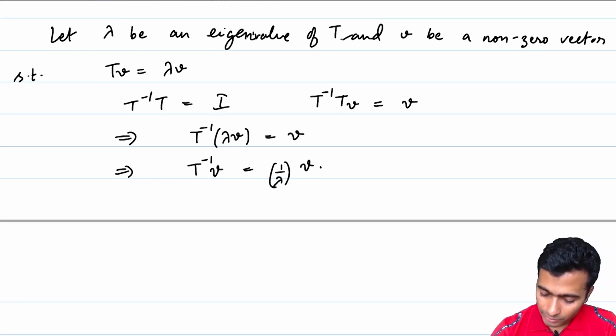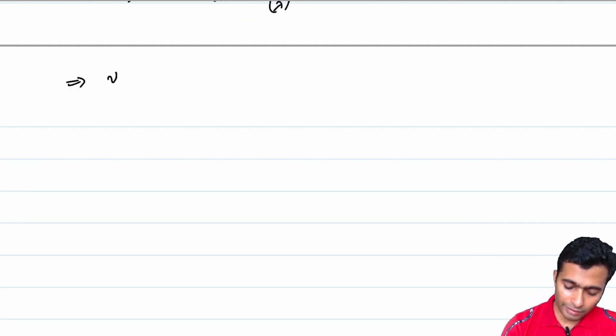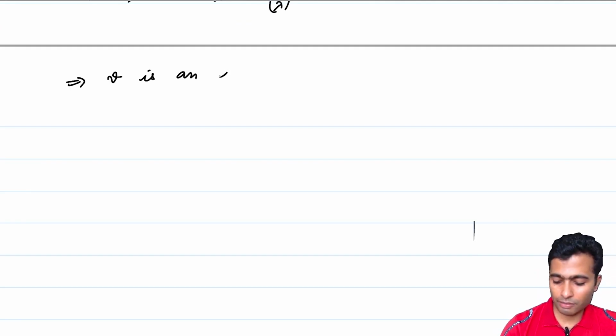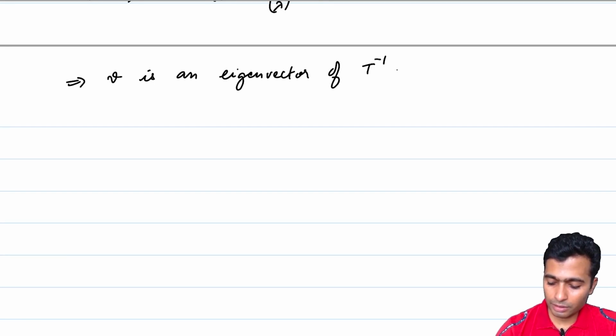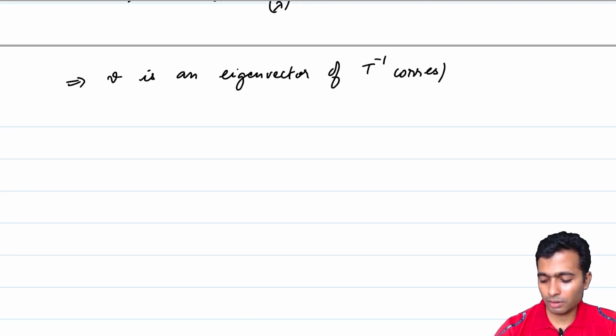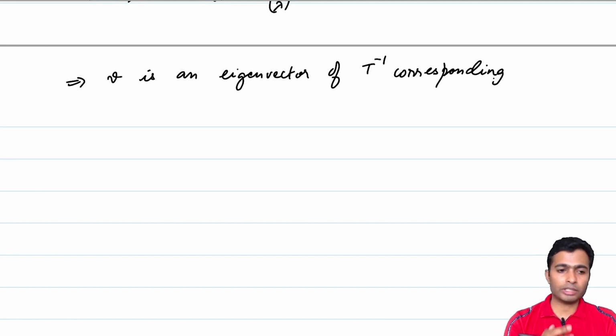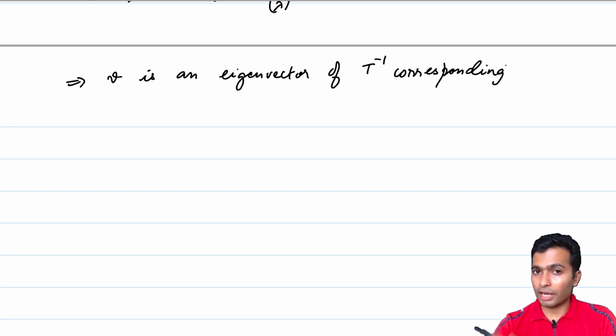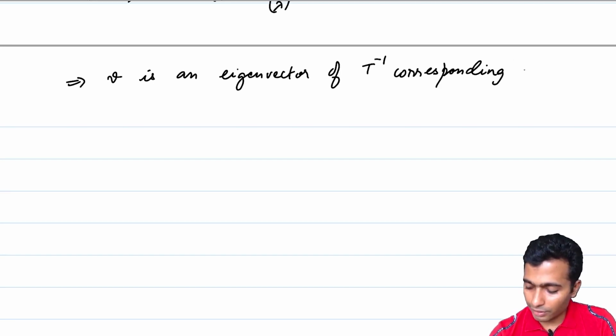So let me just note that down. This implies v is an eigenvector of T inverse corresponding to lambda inverse. We have not just shown that if lambda is an eigenvalue of T, 1 by lambda is an eigenvalue of T inverse. We have shown more: v, an eigenvector of T corresponding to lambda, will also be an eigenvector of T inverse corresponding to 1 by lambda.